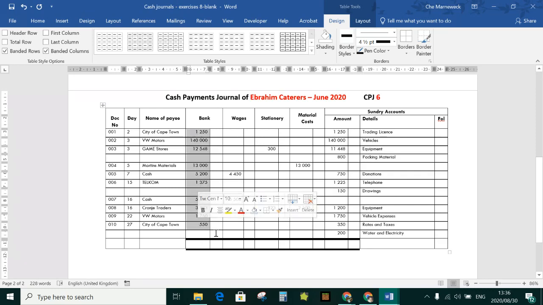So we want to add all those values together in bank. So you get out your calculator and you're going to say 1,250 plus 140,000 plus 12,548 plus 13,000 plus 5,200 plus 1,375 plus 5,500 plus 3,923 plus 1,750 plus 550.